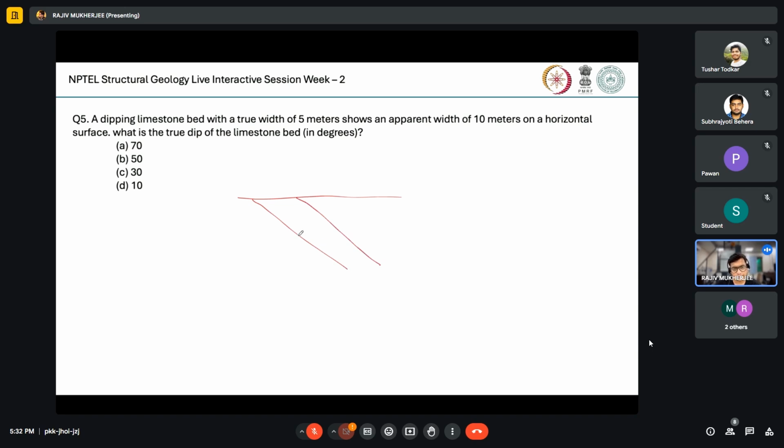So this is the true thickness of the limestone, and this is the apparent thickness. So OA, and if we draw a 90-degree line across this, OAB, right? So this is the dip angle of the limestone bed.